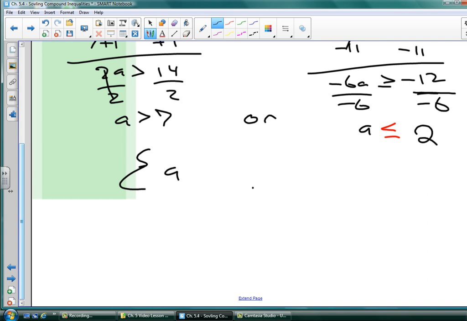When I start, a is the variable I'm talking about, such that now here I'm going to actually switch these. Why? Because 2 is actually less than 7. And so since 2 is actually less than 7, I really want to put the a less than or equal to 2 on the left-hand side.